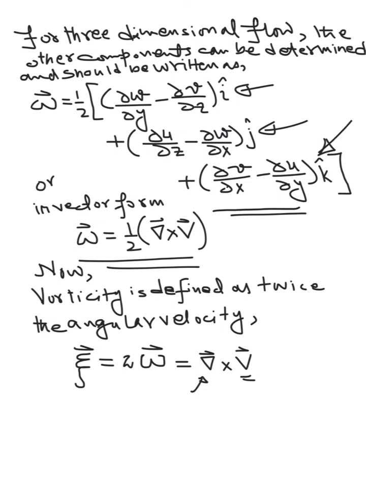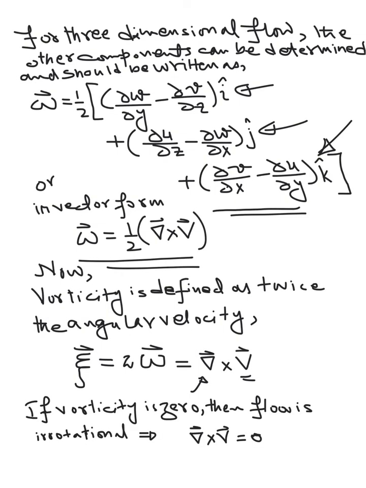The cross product of del with a vector is called the curl of that vector. Moreover, I can define irrotational flow. When my vorticity is 0, that is, this is 0, then my flow field will be an irrotational flow field.